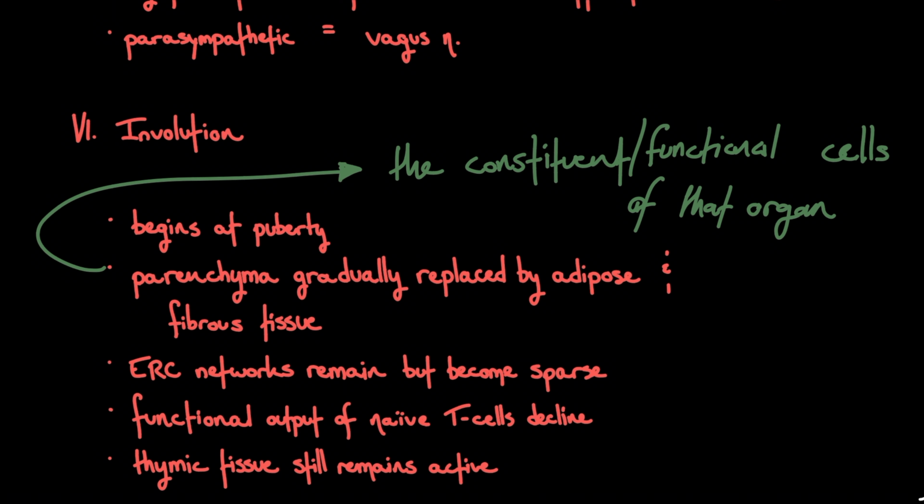So in the thymus, it's the stromal cells, the cTECs and mTECs, and the thymocytes. In a liver, it's a hepatocyte. In a kidney, it's a nephron. It's the functional cell of that organ. And in this case, they're just getting replaced by adipose, by fat and connective tissue here. I don't know why this happens. I don't have the evolutionary explanation for you.